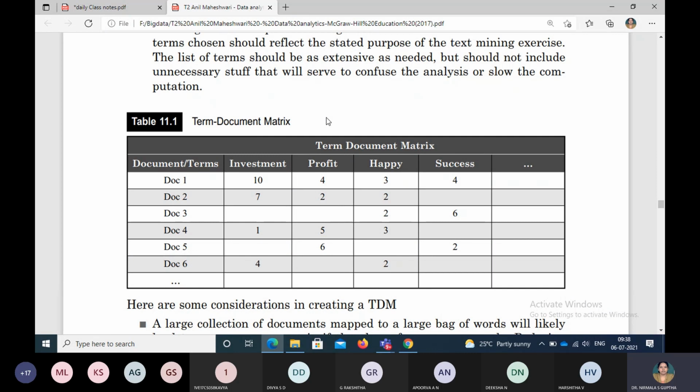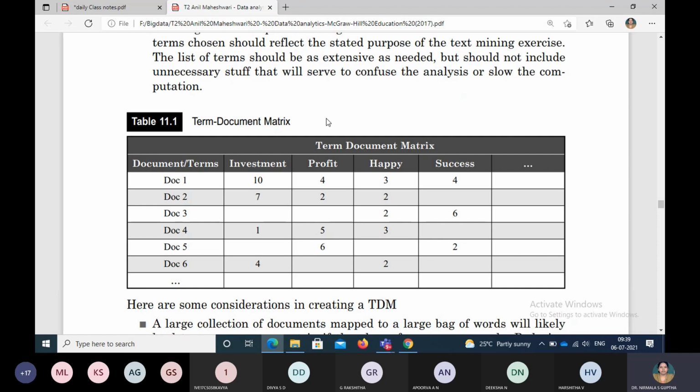Here we can see that the terms chosen should reflect the stated purpose of the text mining process as an exercise. The list of terms should be extensive as and when required, but it should not include unnecessary information or data, which would cause a lot of confusion in the analysis and may even slow down the computation.